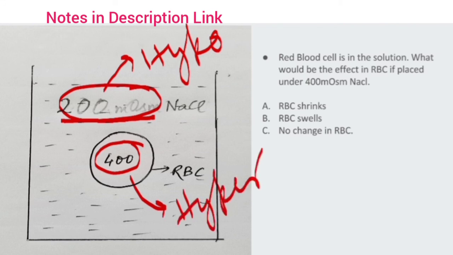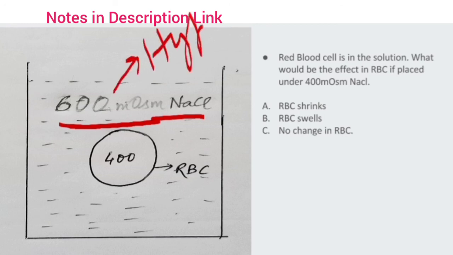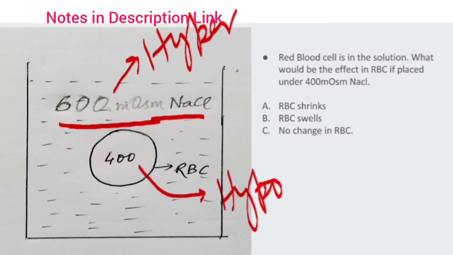Water moves from hypo to hyper, so the RBC swells. Next question. The osmolarity of the NaCl solution is 600 milliosmol. So this medium is hypertonic and this is hypotonic. Water will move from hypotonic to hypertonic, so the RBC shrinks.